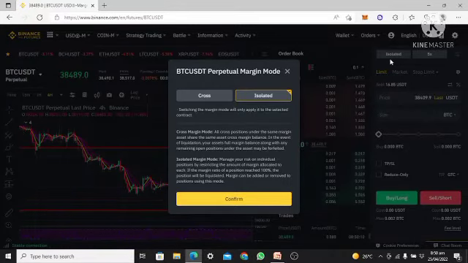This is very important, because if you select cross margin here, you are agreeing that even your balance in your futures account is used to cover the space for you to enable you to hold a position in the market. If you go with cross margin, let's say you click cross margin and confirm it.